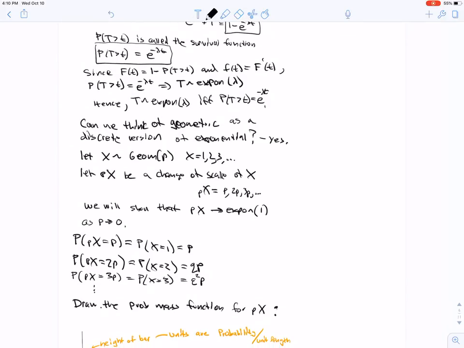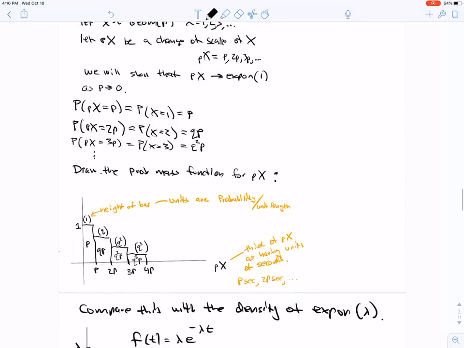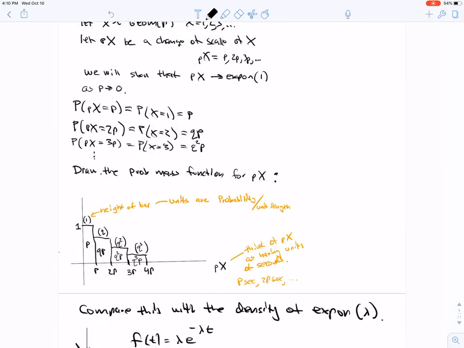So can we think of geometric as a discrete version of the exponential? Yeah, kind of. Here's how. Let x be geometric p. So x takes values 1, 2, 3. And let px be a change of scale of x. So px takes values p, 2p, 3p, and so on. We're going to show that in the limit, px becomes the exponential with lambda equal to 1, and the limit is p goes to 0.